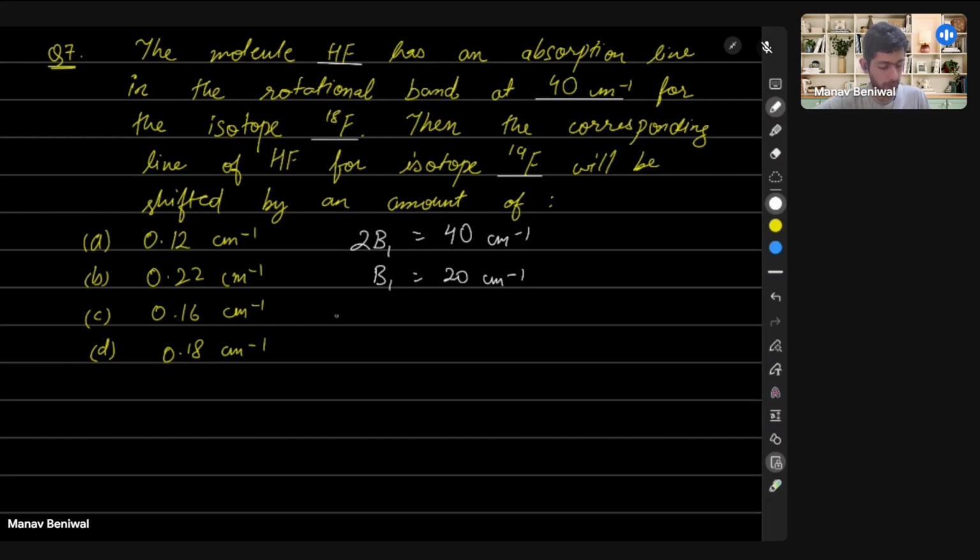Also, we know that b is equal to h over 8 pi squared times I c. If we write the moment of inertia in terms of reduced mass, we can write it as mu r squared.